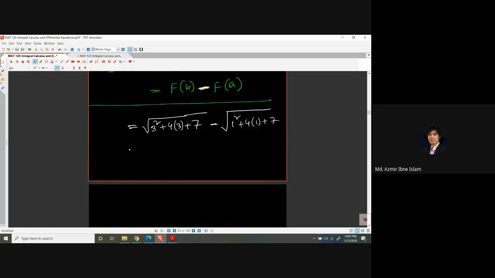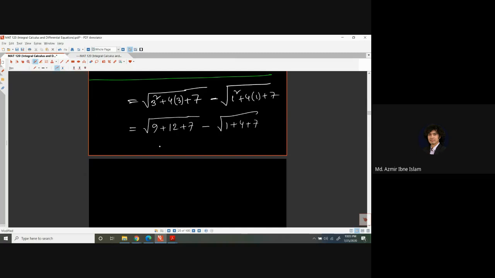So what we are getting finally is the square root of 9 plus 12 plus 7, negative the square root of 1 plus 4 plus 7. So actually we have finally 9 plus 12 plus 7, which will give you root over 28, negative 1 plus 4 plus 7, that is 12.